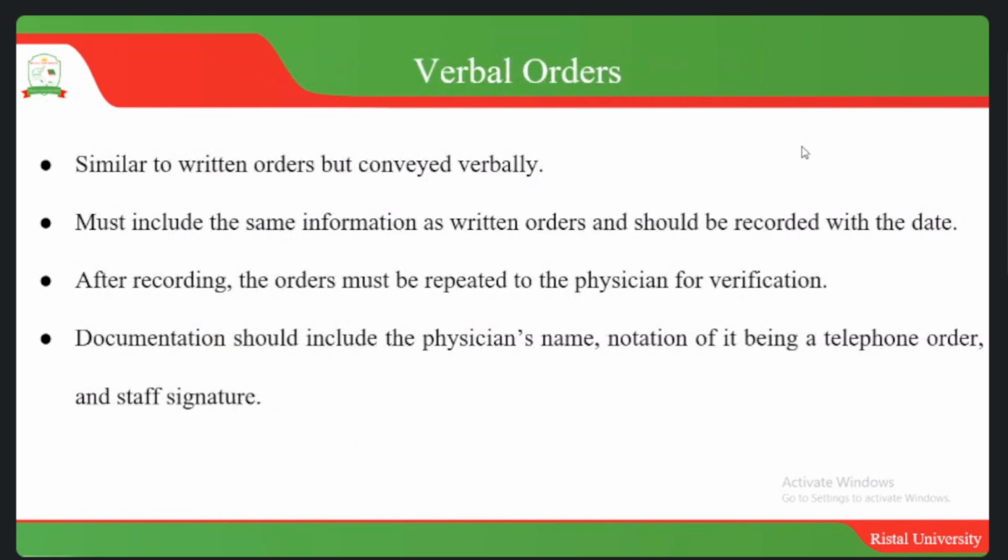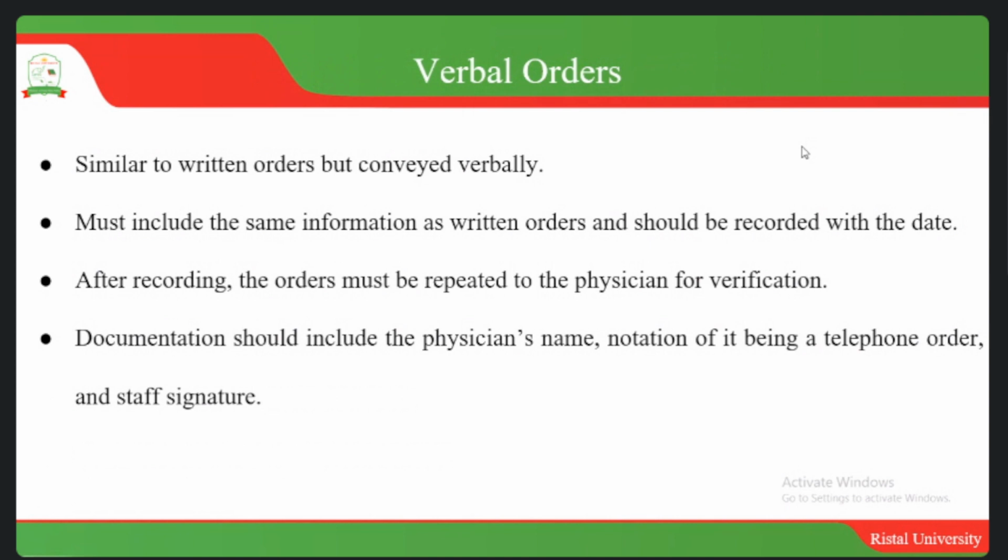Then the verbal orders are similar to written orders, but conveyed verbally, whereby you just tell the patient what he's supposed to do. And when you're telling the patient, you're going to give all the instructions verbally. They must include the same information as written orders, and should be recorded with the date.